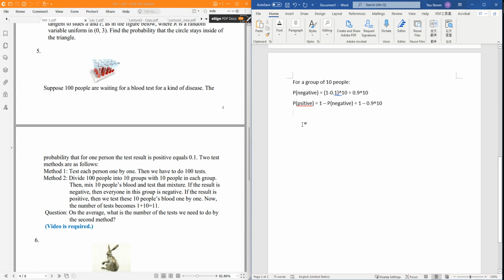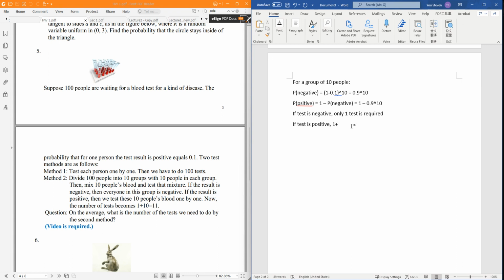So if the test is negative, only one test is required, but if the test is positive, everyone in this group needs to retest, so 10 people means 10 more tests.